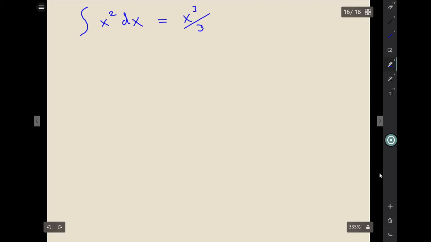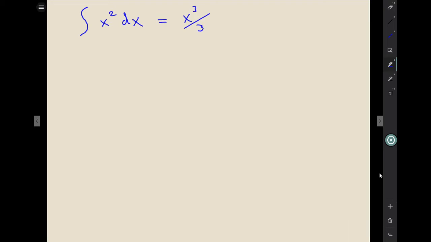My last rule has to do with differentiating. Suppose I write, I want to find the integral of x squared dx, and I know that this is equal to, say, x cubed divided by 3.